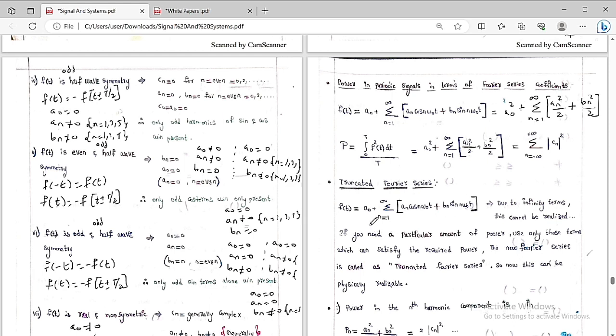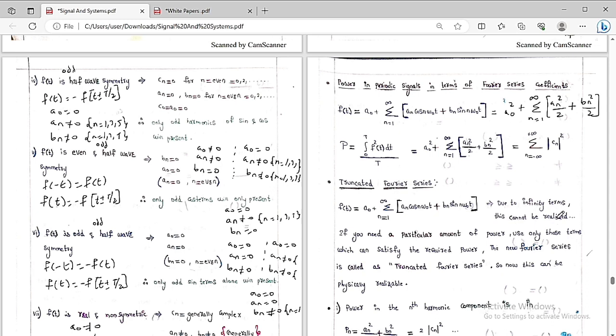So simply f of t is a naught plus sigma n is equal to 1 to infinity a n cos n omega naught t plus b n sin n omega naught t. Due to infinite terms, this cannot be realized. Practically, if you want to consider all the infinite number of terms, it will be a very severe pain in the neck.